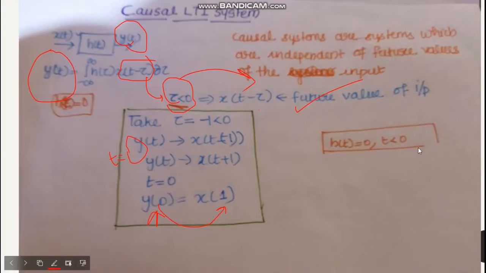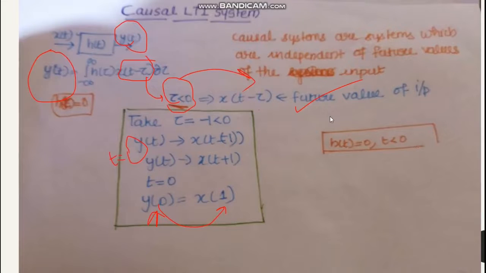Now how is this coming? As you know, for t less than 0, our system depends on the future values. So if we set the values for t less than 0 to be 0, that is, h of t equal to 0 for t less than 0, we can say that our system is a causal system, because it is independent of the future values, as causal systems are defined as systems which are independent of future values.